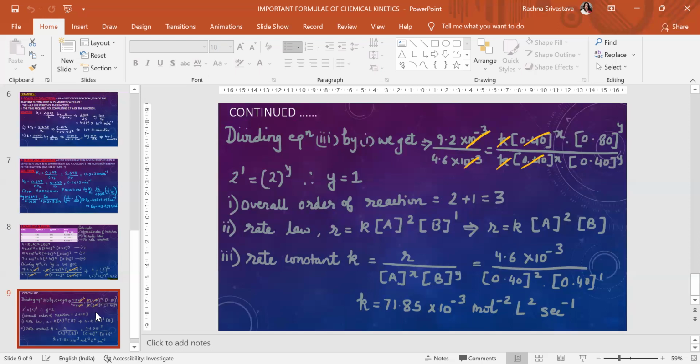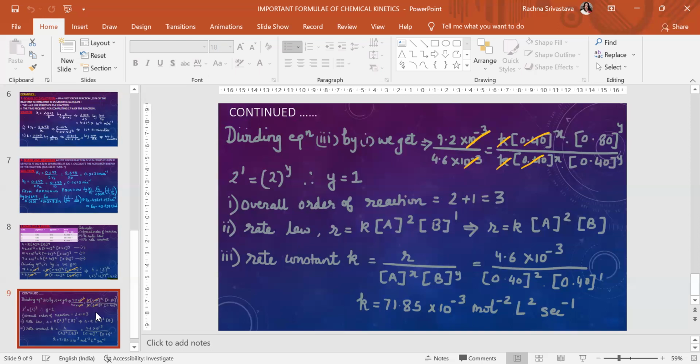B raised to the power Y is 1, so it will be raised to the power 1. But as the exponent's law says that anything which is raised to the power 1 should not be mentioned. So final equation, or you can say your rate law equation will become R is equal to K into A square into B.